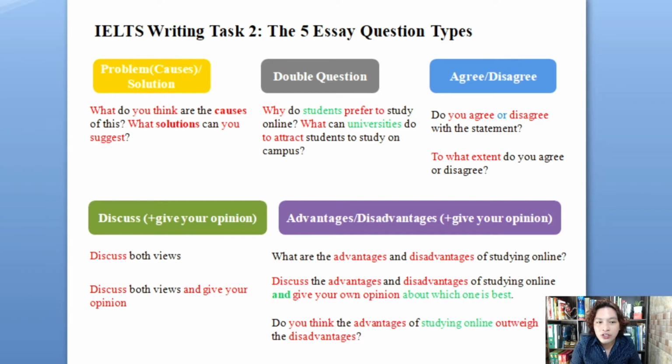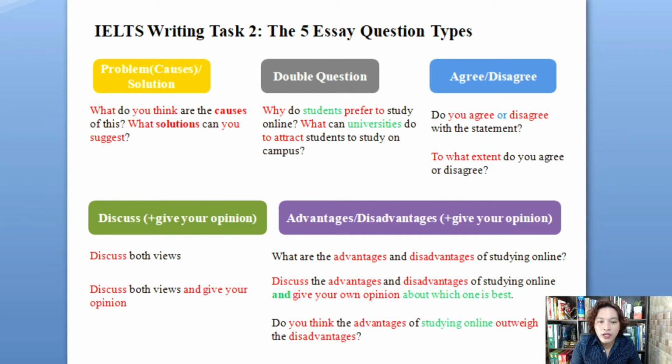Another one is the double question or agree or disagree statement. Sometimes it asks you to what extent do you agree or disagree. That means whether you completely agree, partially agree, completely disagree with the statement, or neither. Sometimes it asks you to discuss both views, or sometimes you need to discuss and give your opinion as well.